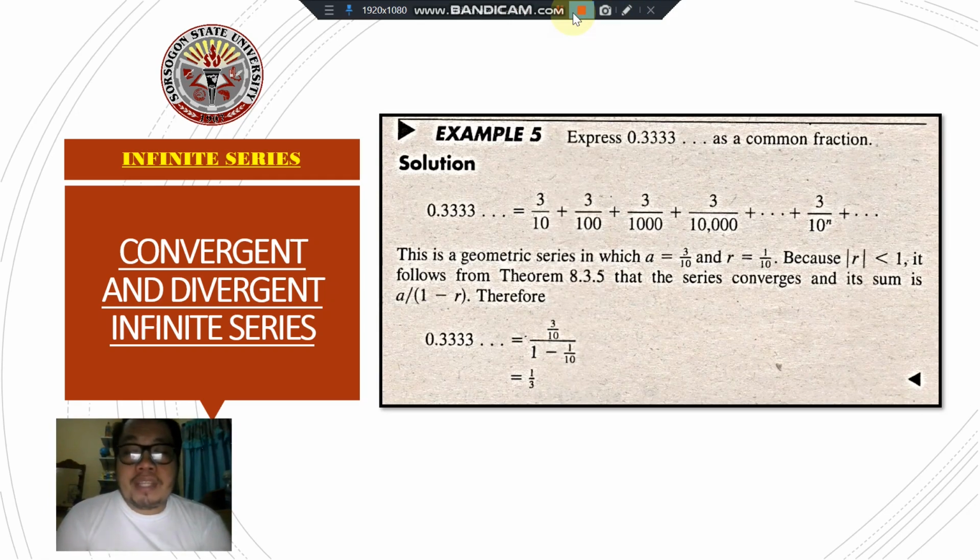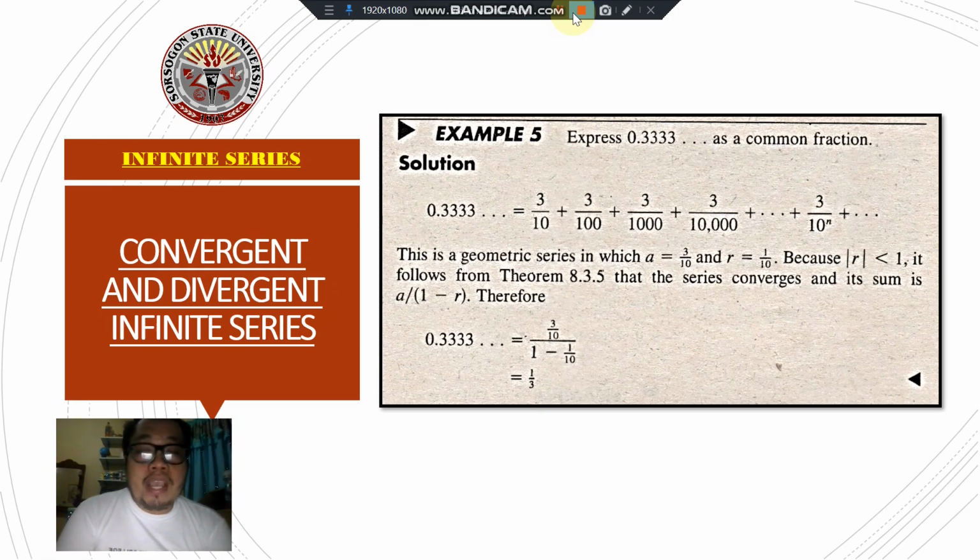So now let's have an example in line with such a theorem that involves geometric series. For example number 5, we are tasked to express 0.3333 up to infinity as a common fraction. So here is the solution.